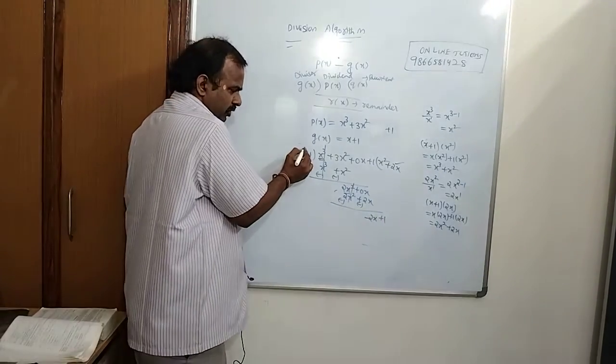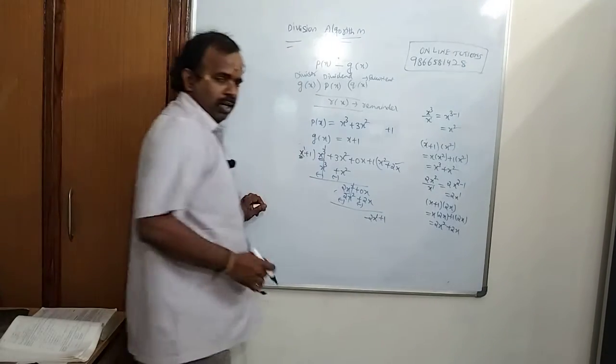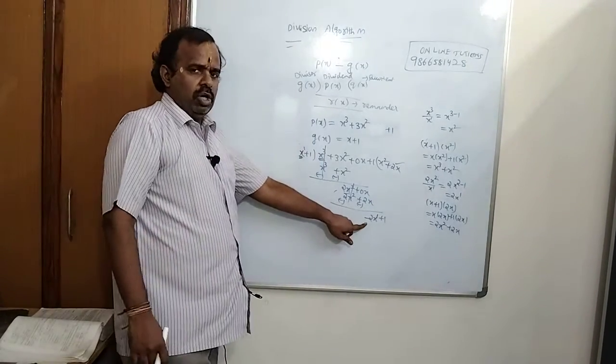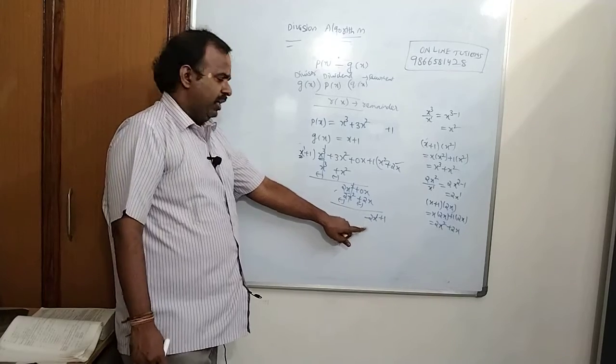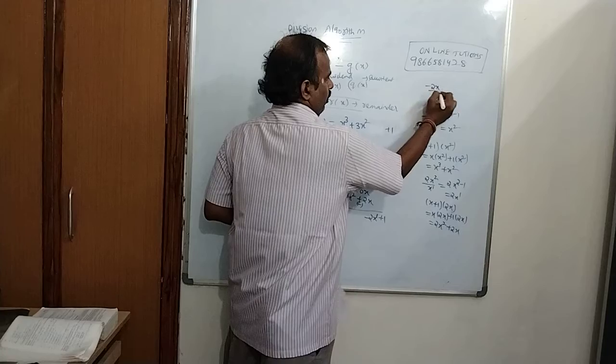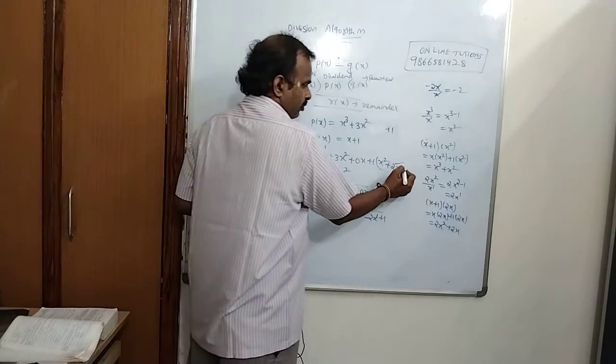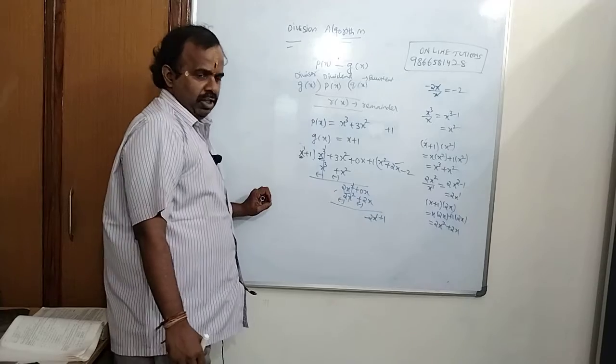Here degree of this divisor is 1, degree of divisor is also 1. But here we are not supposed to stop the division. Still it can be done. So now minus 2x by x, x and x cancel, minus 2. So here it is minus 2.